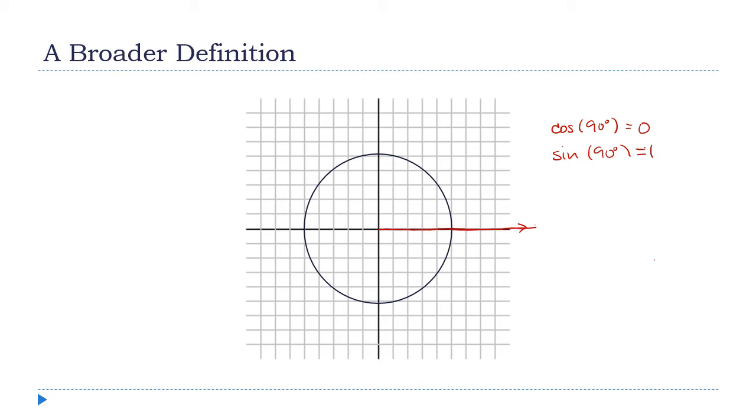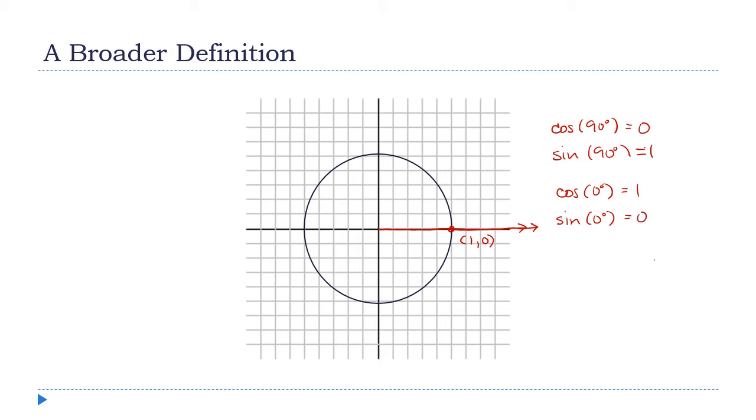It's going to be lying there right on top of it. So the point where the terminal side crosses the circle is at 1, 0, which means the cosine of 0 degrees is 1, and the sine of 0 degrees is 0.